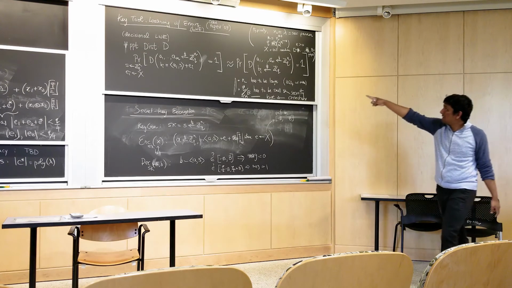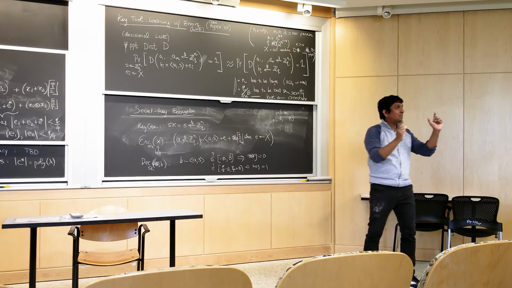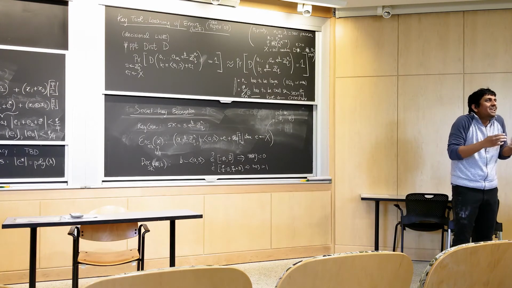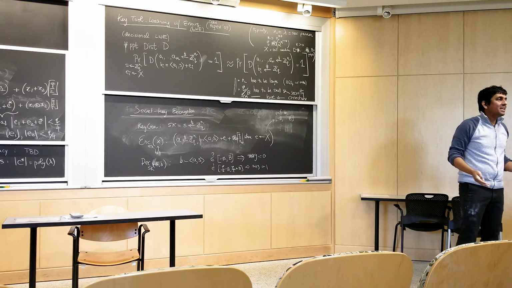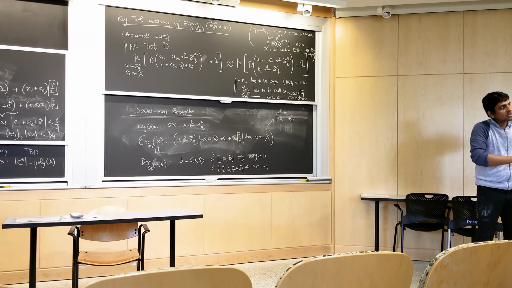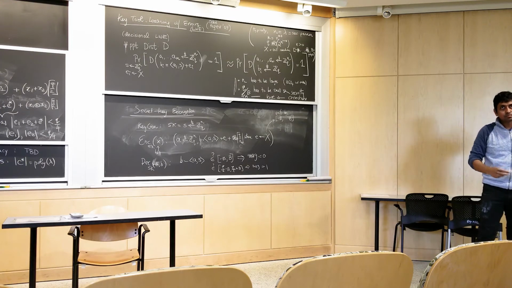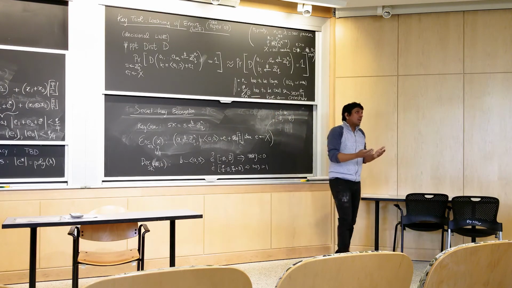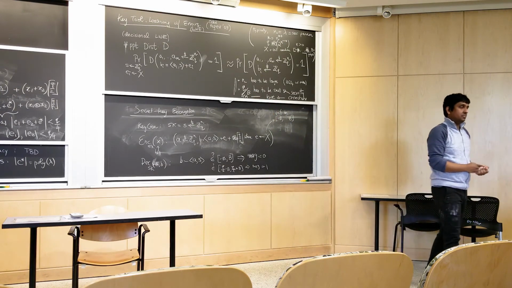In fact, if the noise is a uniformly random number from 0 to Q minus 1, it makes intuitive sense that the larger B becomes relative to Q, the more secure you get. In other words, you want Q over B to be as small as possible.